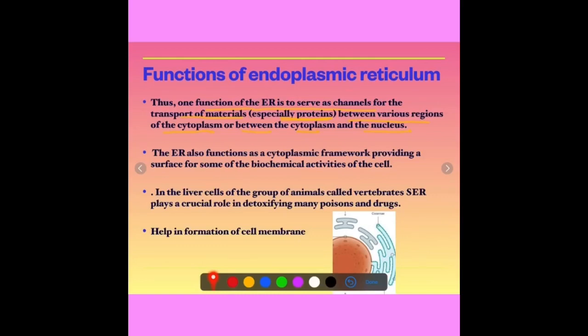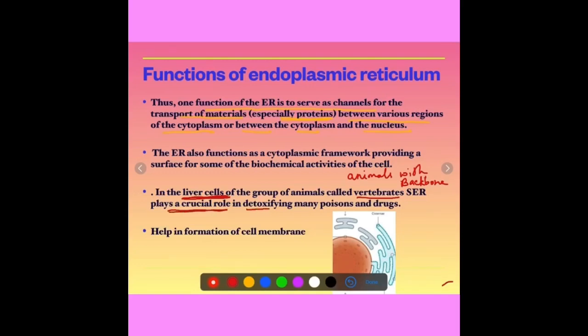In liver cells of vertebrates, do you know what are vertebrates? These vertebrates are animals having backbones. So, in these animals, the endoplasmic reticulum which is present in the liver has a very crucial role to play. What is that?